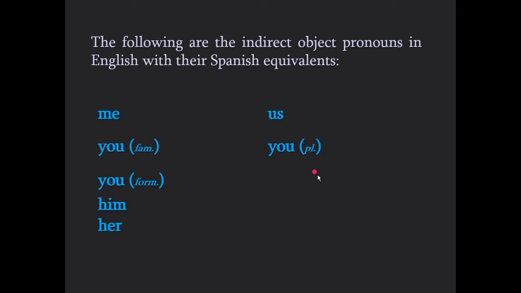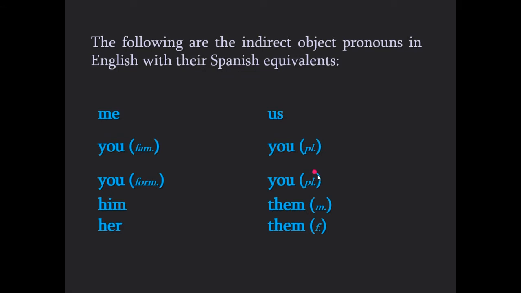In Oklahoma, we like to say y'all. In a lot of areas, they like to say y'all, or they may have a different word they use when you're talking about a group of people. But standard English is you, whether it's one or more than one. And of course, there's a familiar and a formal in Spanish, so we'll get to that in a minute. Them, when you're talking about a group of people, and we don't differentiate between male and female, but of course Spanish does, and we'll see that in a minute.